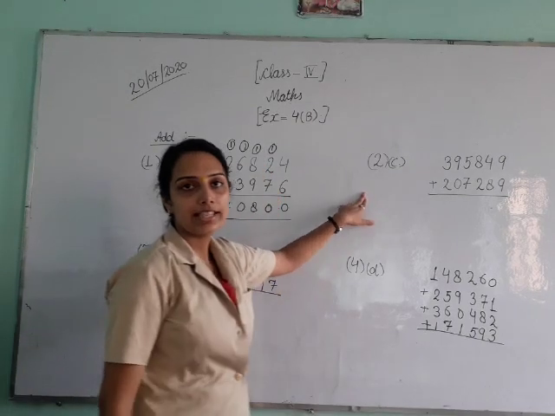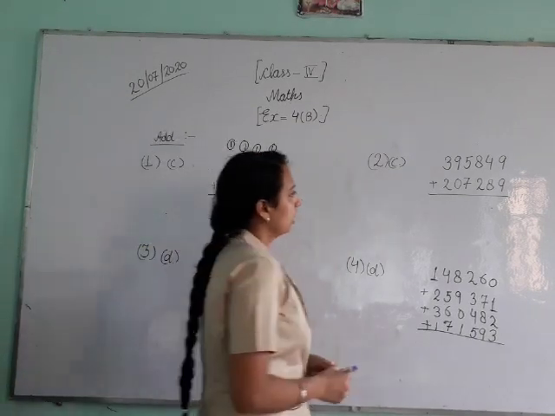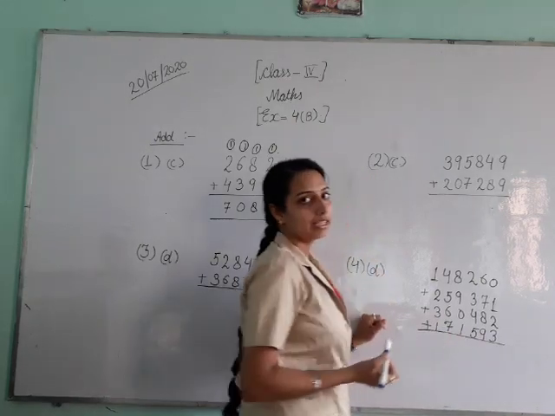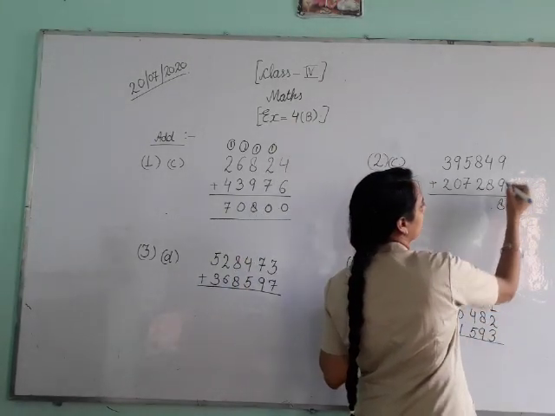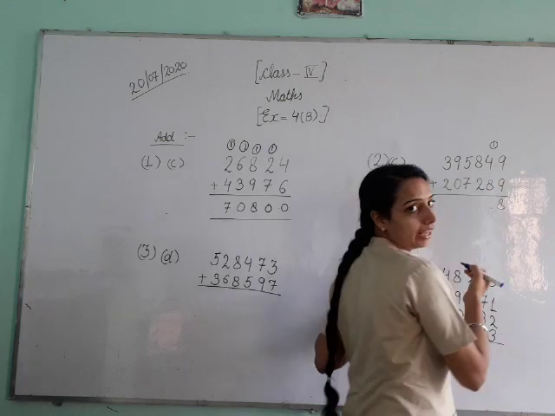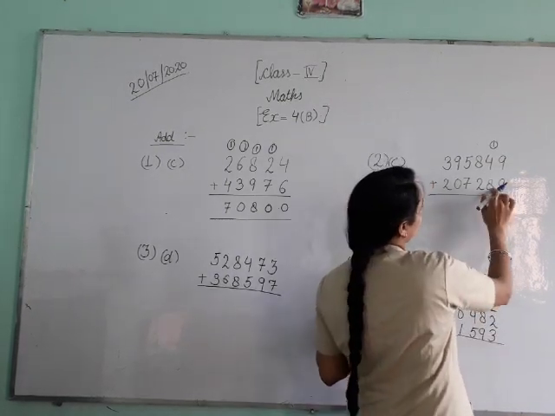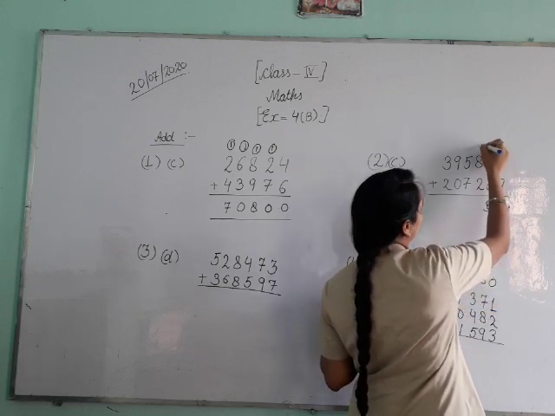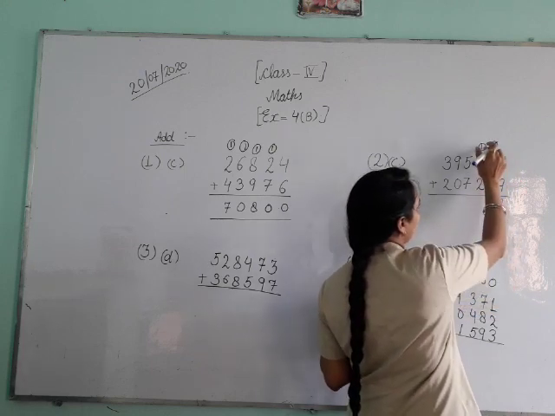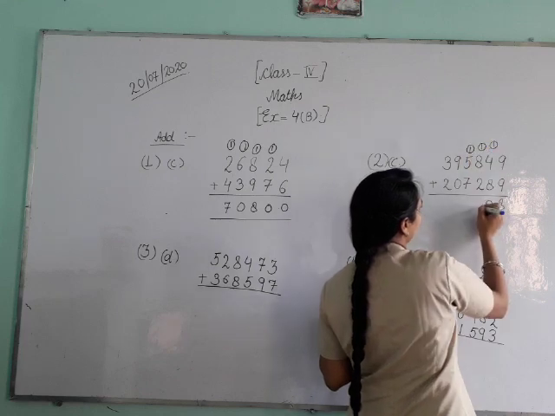Now see the second C part. In this question also the same thing is there. See, 9 and 9 are 18. Then put 1 as carry. Okay? Then 8 plus 4 is 12, plus 1 is 13. Okay? 8 plus 2 is 10, plus 1 is 11.